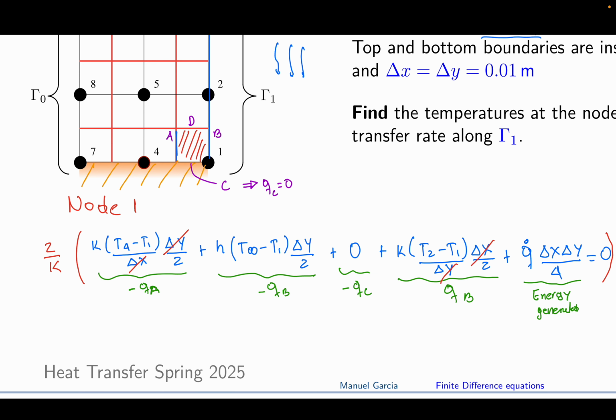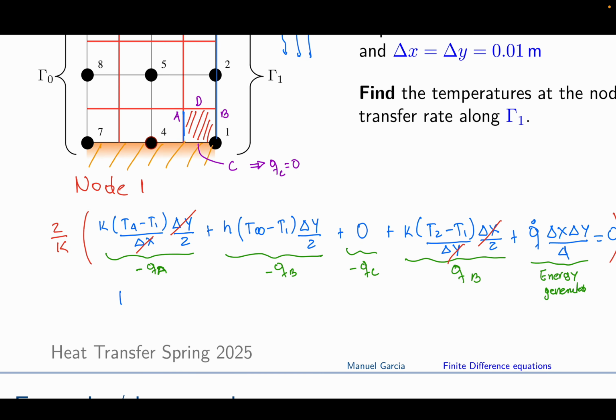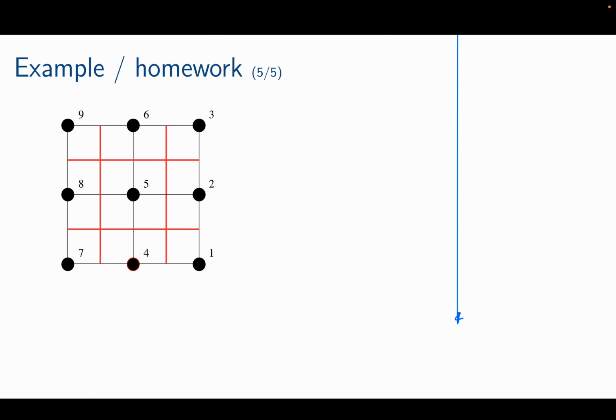The first part is T4 minus T1, and we multiply by 2, so that 2 is cancelled, and divide by K, plus H T infinity, the 2 is cancelled, the delta Y is not cancelled, minus H T1, the 2 is cancelled, delta Y, plus 0, plus T2, and the last one is Q dot multiplied by delta X, delta Y, and we multiplied by 2, so the 4 becomes 2.